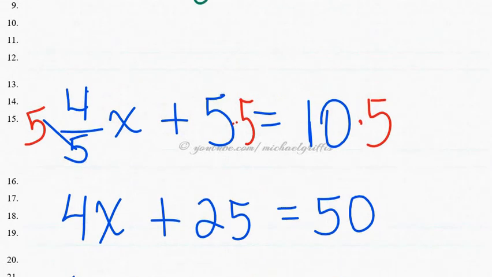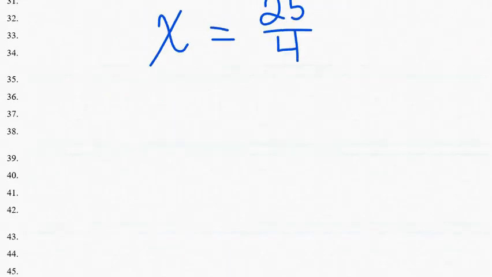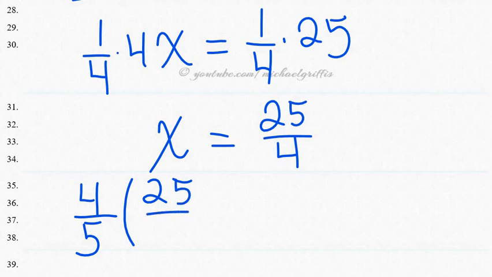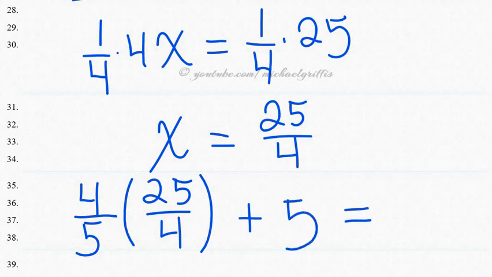You should always go back and check your work by plugging the 25 over 4 into our original equation and solving. Now I'm not going to go through and do this, but I will write it out. We started with 4/5 times x, which says that our x is 25 over 4, plus 5 is equal to 10.